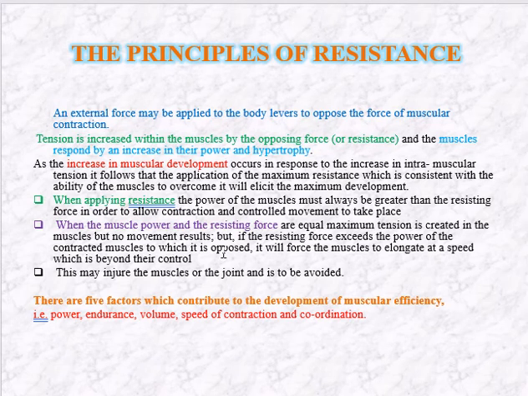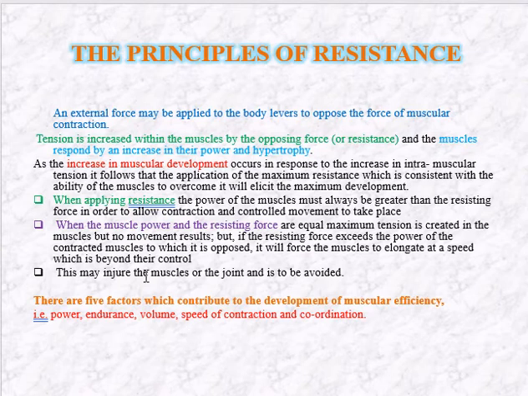But if the resisting force exceeds the power of the contracting muscle, it will force the muscle to elongate at a speed which is beyond its control, and this is very injurious to the muscle or the joint and must be avoided.